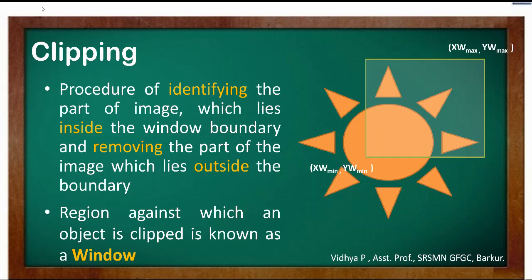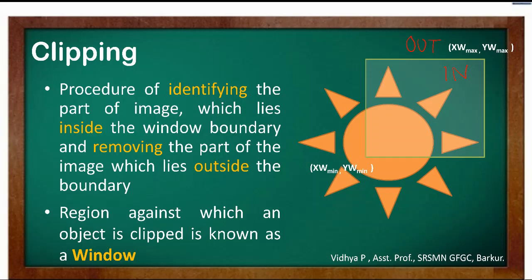Clipping is identifying the part of the image which lies inside the boundary and removing the part of the image which lies outside the window boundary. If we apply clipping, then we should get only the image which is inside the window boundary and the other part should be removed like this.